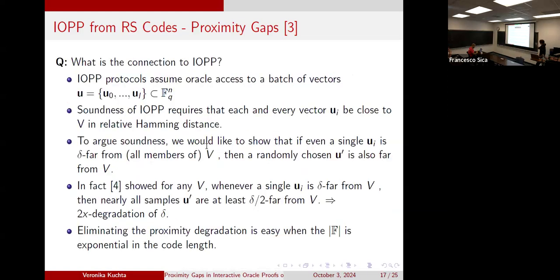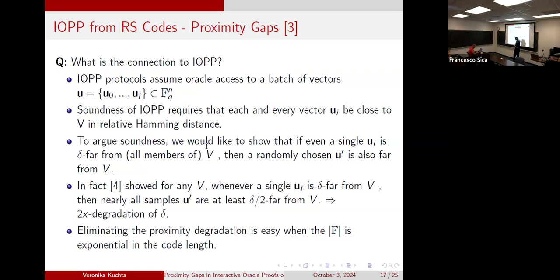Okay, now let's look at what I already mentioned, but this was my next slide. What is the connection to IOP? So we know IOP protocols. We assume that the verifier has access to oracle vectors like U0 to UL, and the soundness of the IOP protocol requires that each vector from this batch of vectors is close to the Reed-Solomon code in Hamming distance.